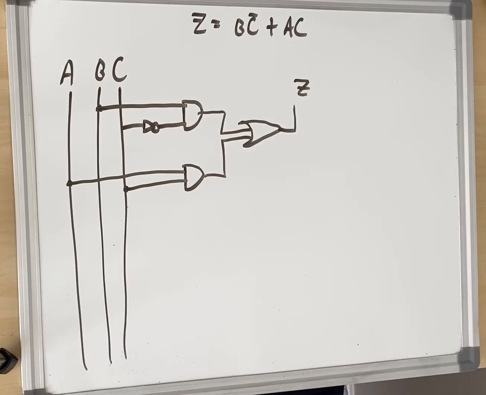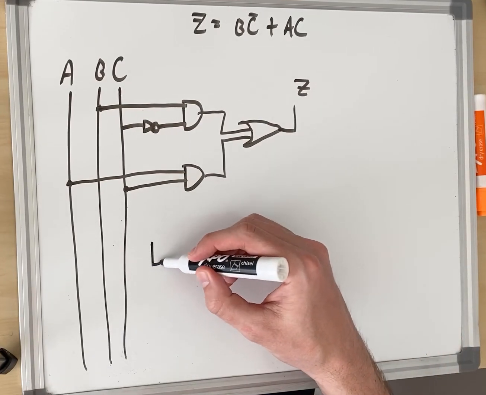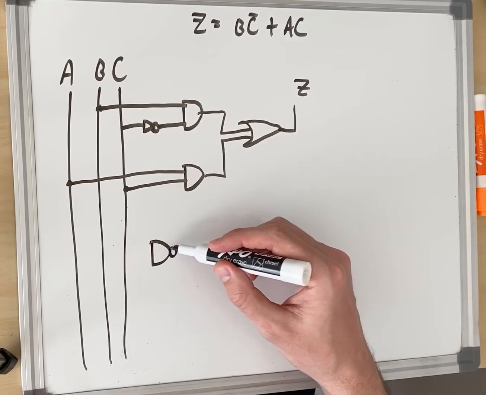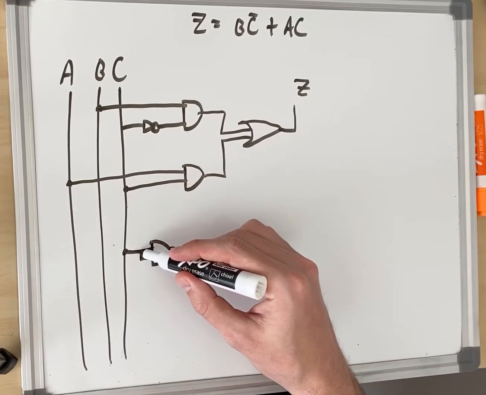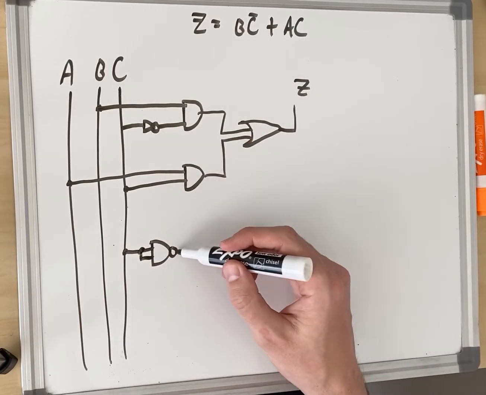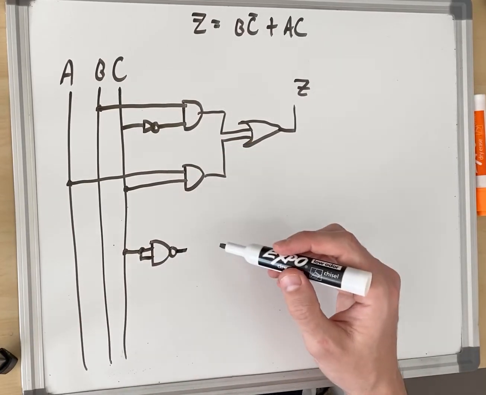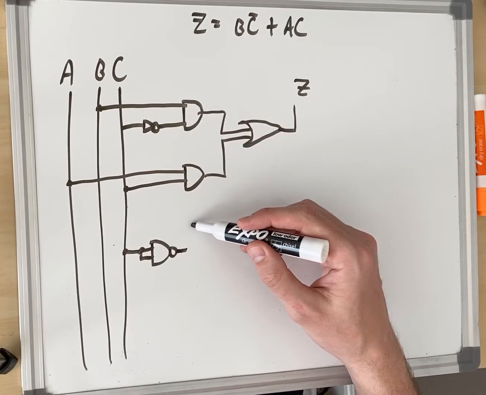So use your cheat sheet if you're not familiar, but the first thing I'm going to do is this inverter. I'm going to redraw that using my equivalent, which becomes this guy. And this is essentially the same as that. And I have this going into an AND gate. So now I need to draw my AND gate.